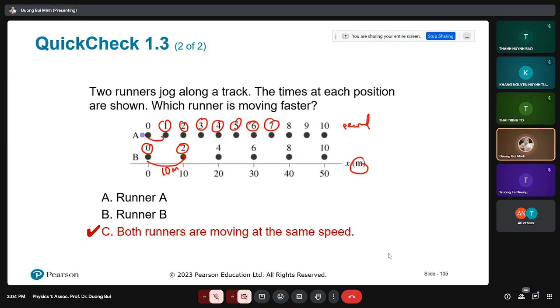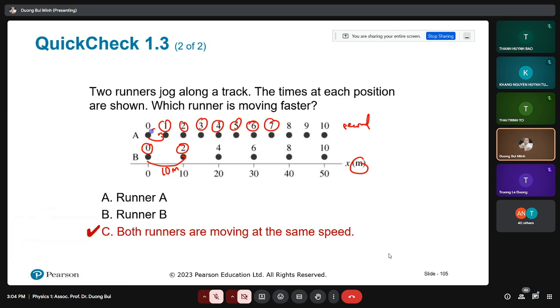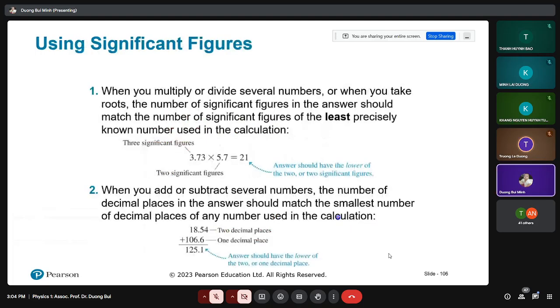And after 1 second, runner A moves 5 meters, so after 2 seconds they also run 10 meters. So the answer will be C. Both runners are moving at the same speed. Okay, continue.